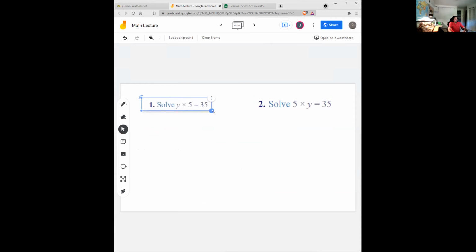So if I want to solve either of these, I can think, hey, wait a minute. Something is attached to y with times 5. So to get y by itself, I need to do the opposite. And the opposite of times 5 is divided by 5. So I'll do that to both sides.